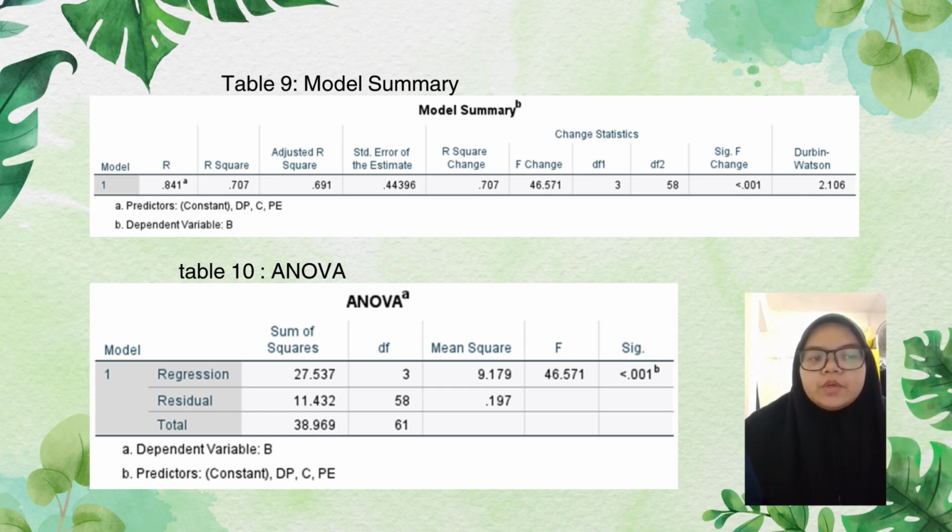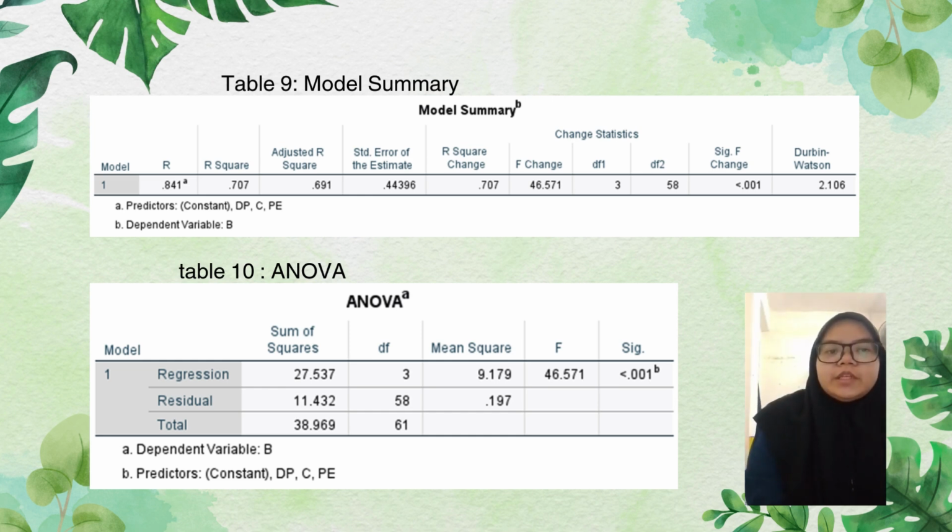The R squared value is 0.707, and that means that 70.7% of the variance in the dependent variable is explained by the model, and the significance of the change is less than 0.001. The model was indicated to be statistically significant. The Durbin-Watson value of 2.10 suggests there is no significant autocorrelation in the residuals.